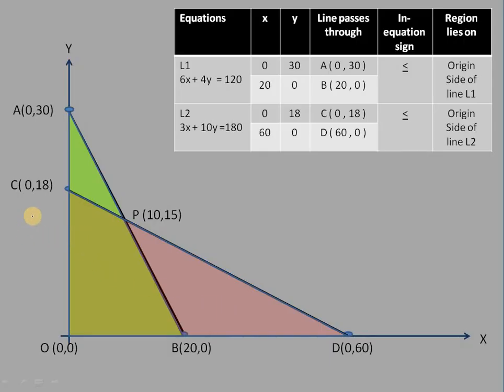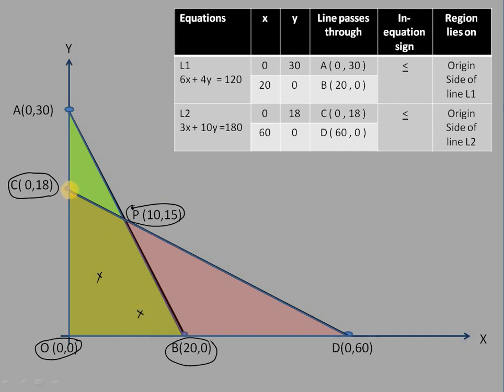Look, now we have the coordinates of C, O, P and B. At all these four points, we will find the profit, and whichever comes maximum is our answer. Understood, children? Your profit cannot be maximum here.